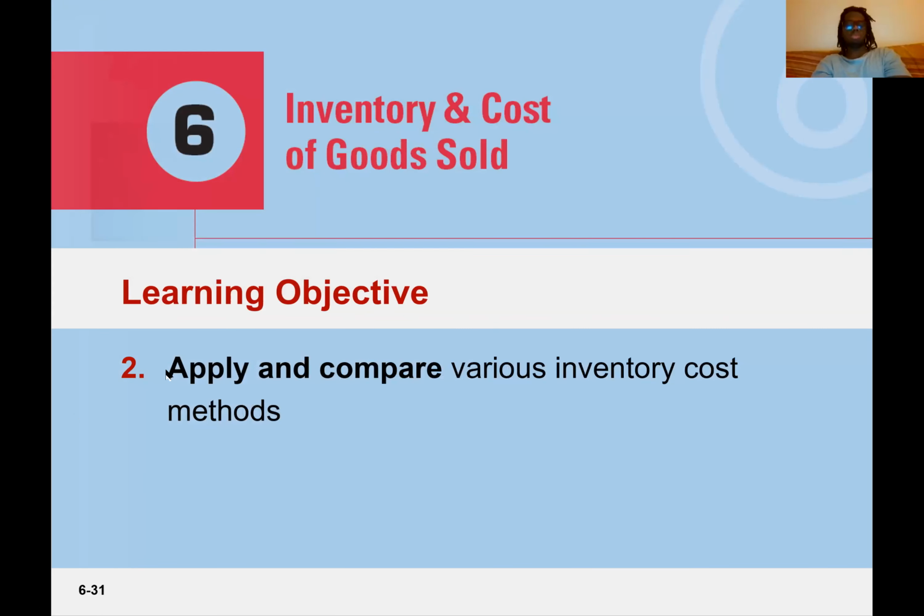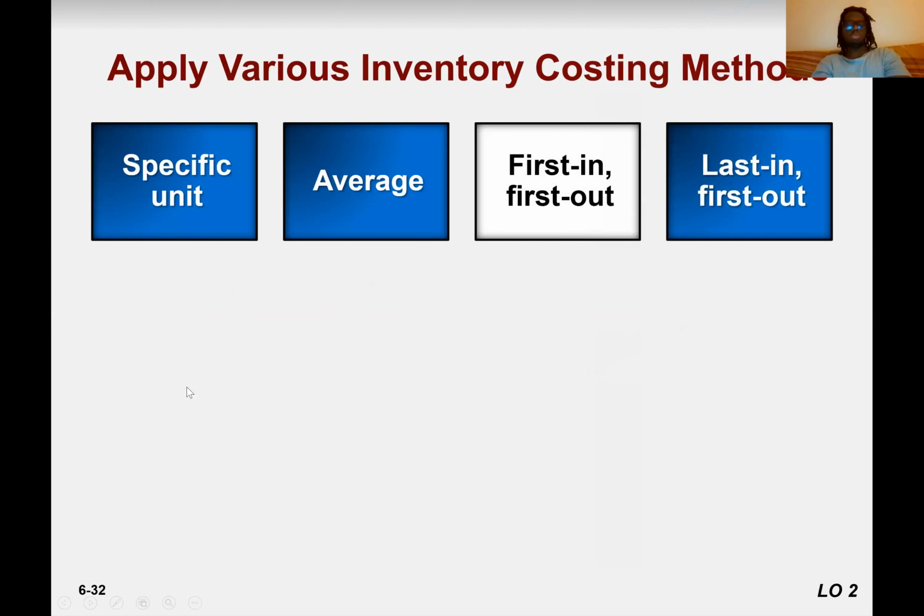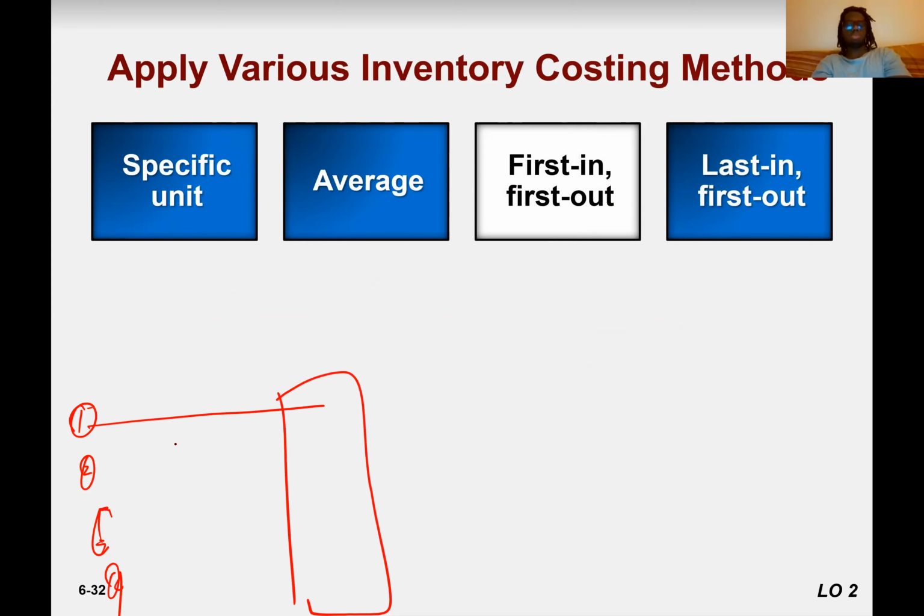Now, other methods. First in, first out. So what do we mean by that? Let's see. For example, the goods are coming from different orders to your shelves.